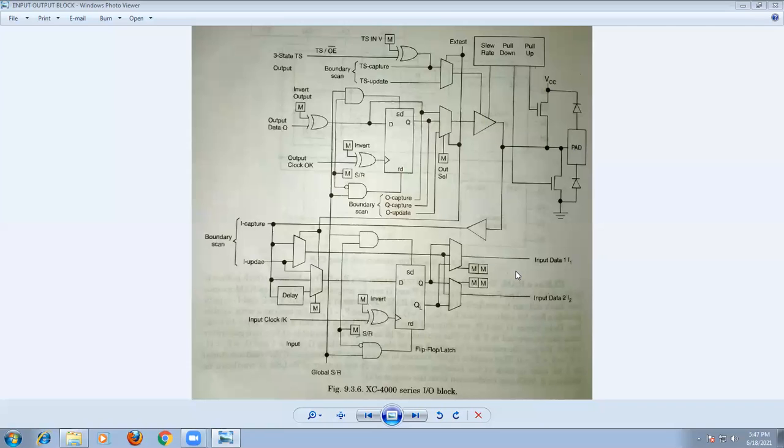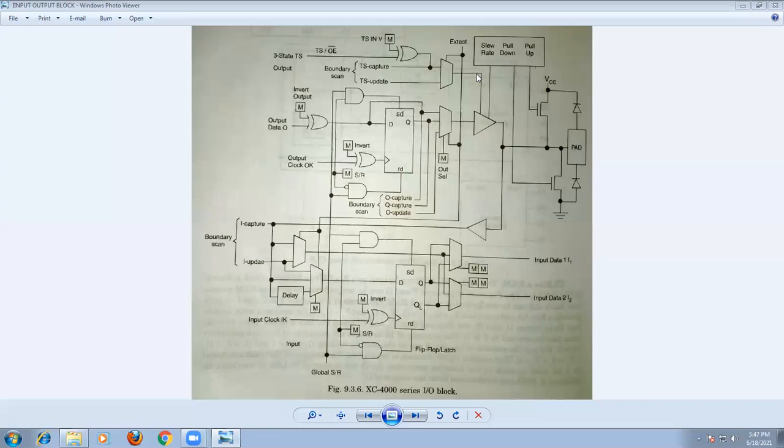Next, just observe here, we have the slew rate, that is SR, sometimes called the SR bit. This controls the rate at which the output signal can change.